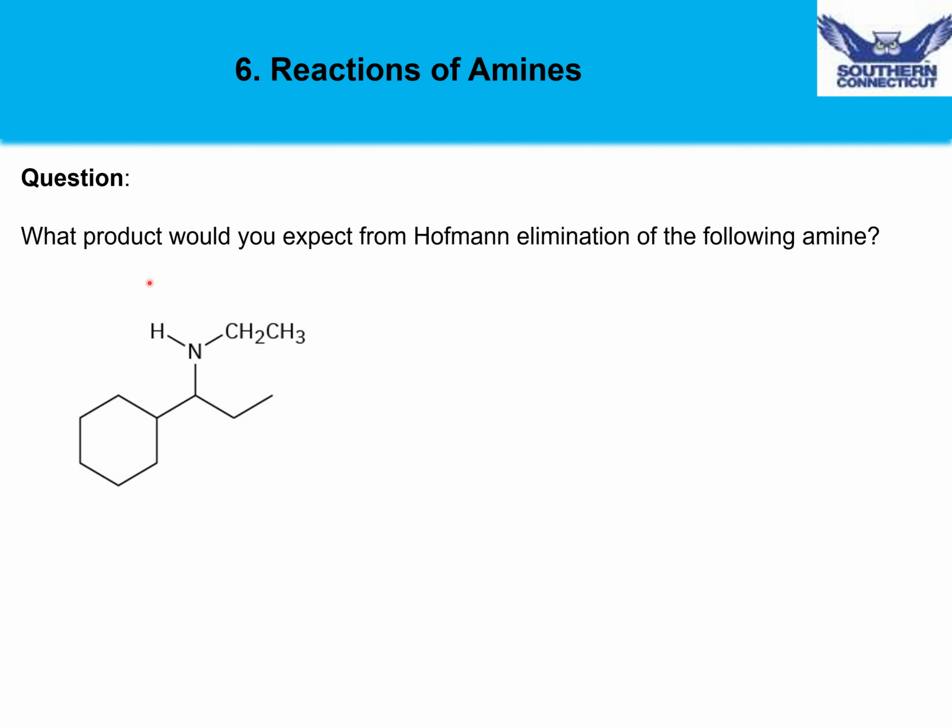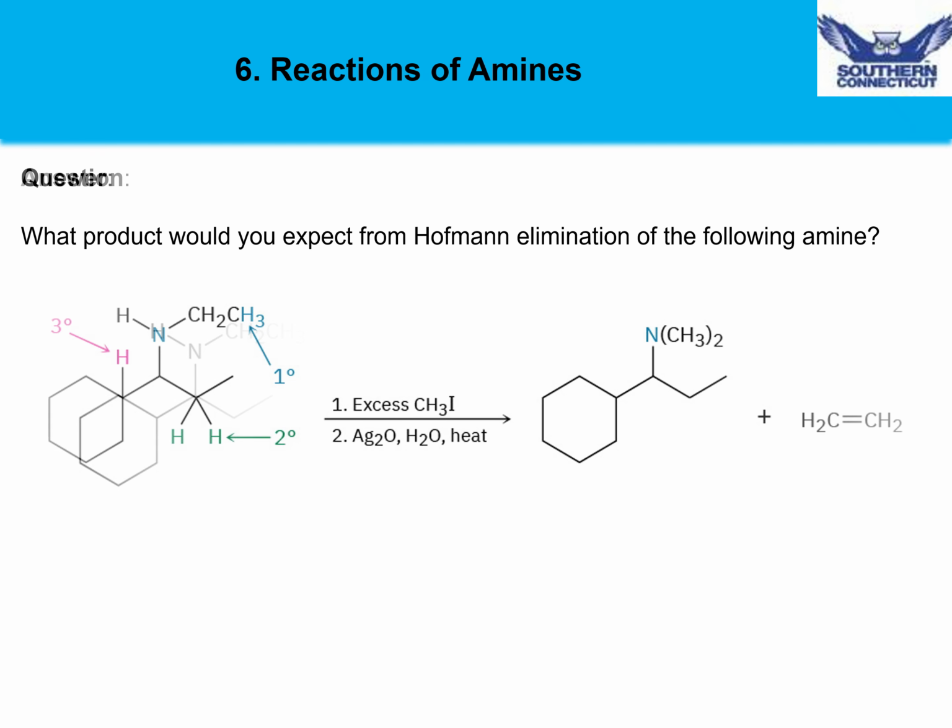In this question, pretty similar to the last one, we have an unsymmetrical amine and we're going to do a Hofmann elimination, and we want to predict the major products from the reaction. Addition of excess methyl iodide to the amine in this question would lead to the following intermediate that has an ethyl group this way, cyclohexyl group to the left.